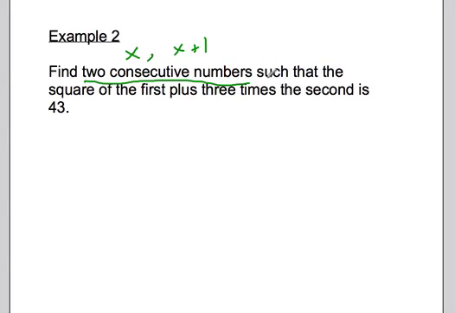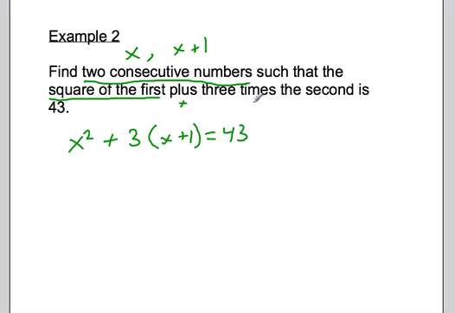Now we can make an equation using the information. So it says the square of the first, that will be x squared, plus 3 times the second number, which is x plus 1, is equal to 43. Okay?